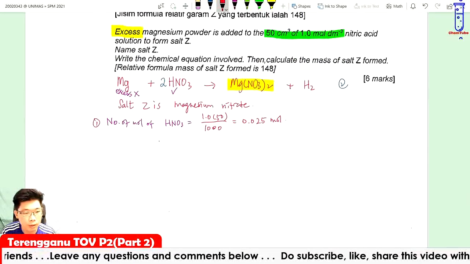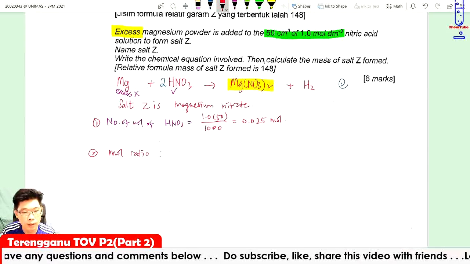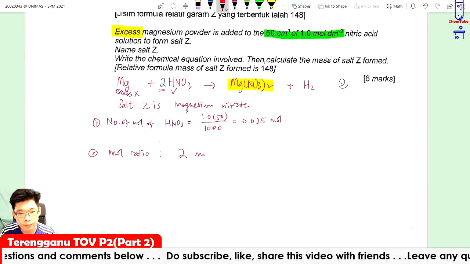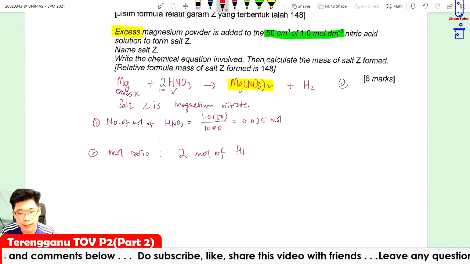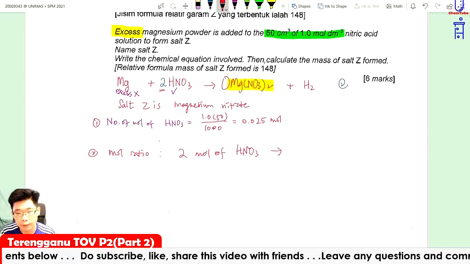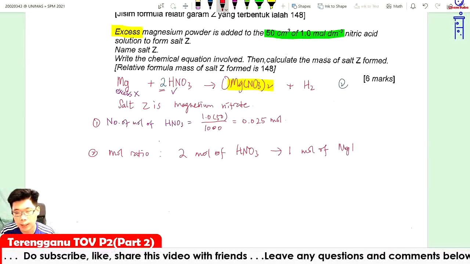Now step 2, we can do the mole ratio. Okay, mole ratio, you can see here 2 mole of nitric acid produces 1 mole of magnesium nitrate.